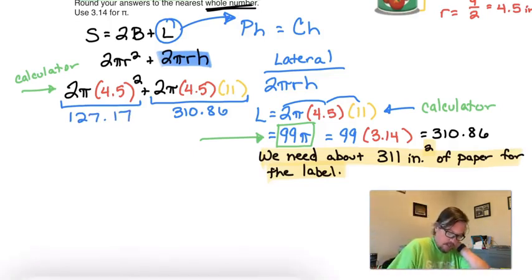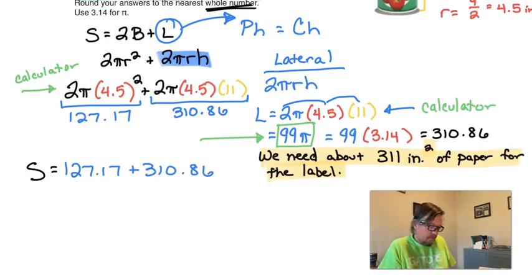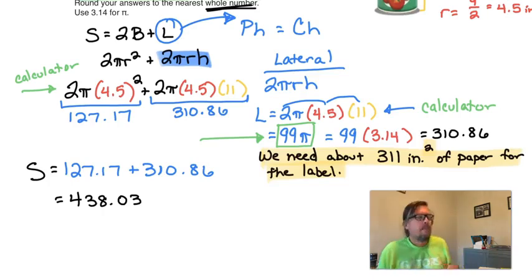So our total surface area comes out to be that, this is the top and bottom, 127.17, plus our lateral surface area that we had previously calculated. And when we add these two things together, we get 438.03.